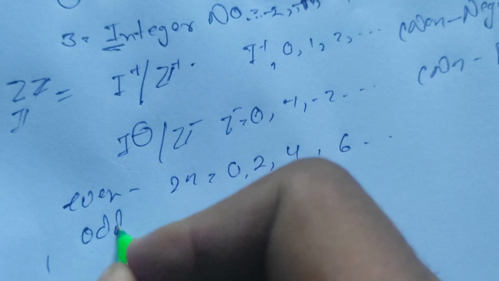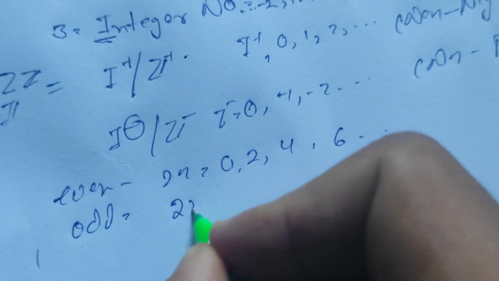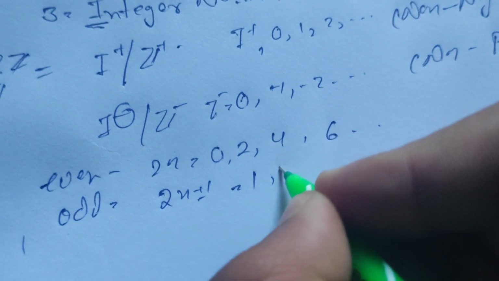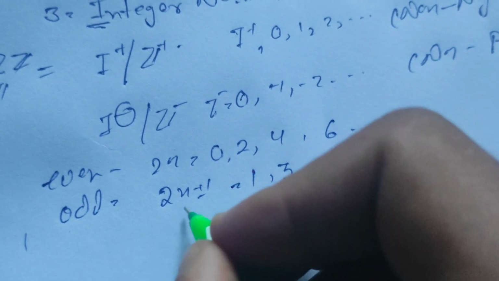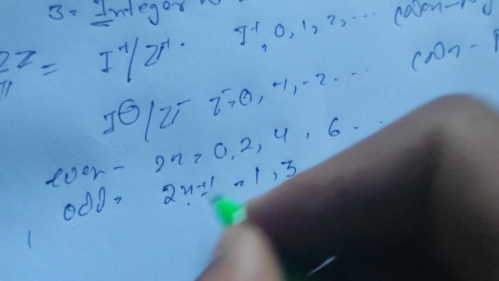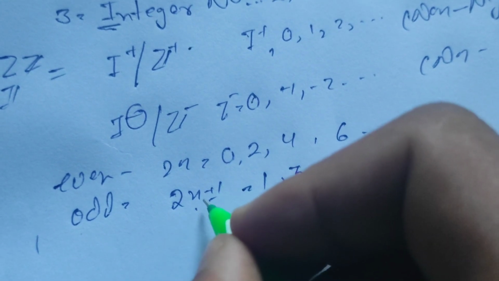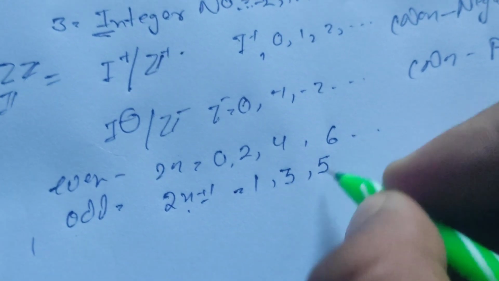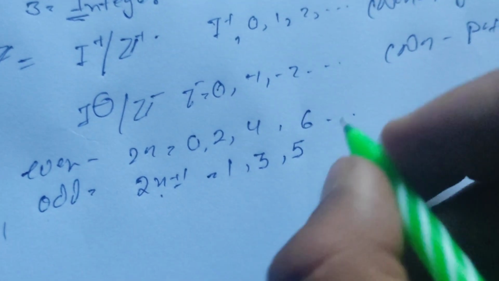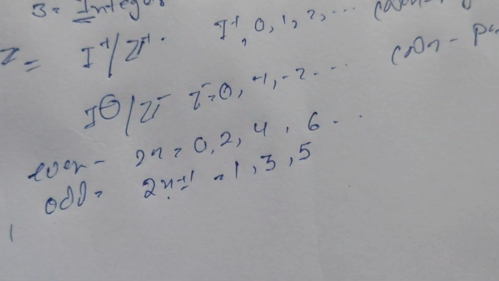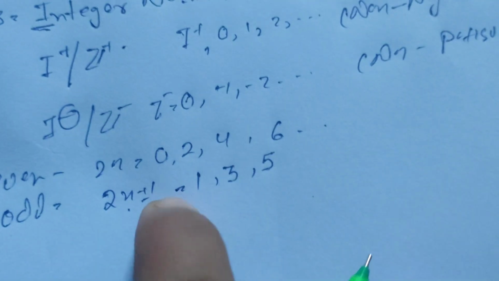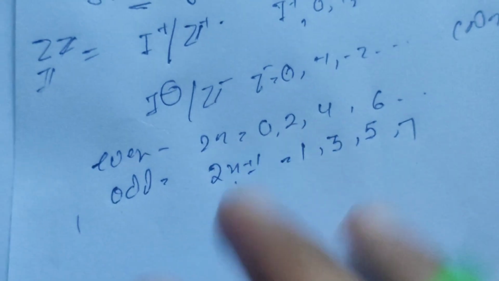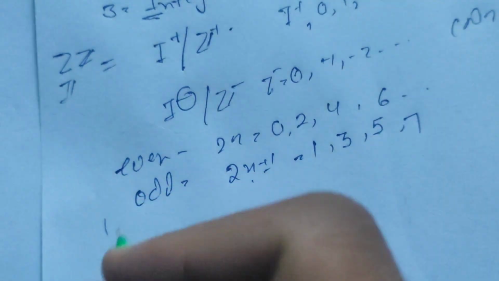For odd numbers, 2n plus 1 or minus 1, so it becomes 1, 3, 5, and if we put n equal to 3, we get 7.